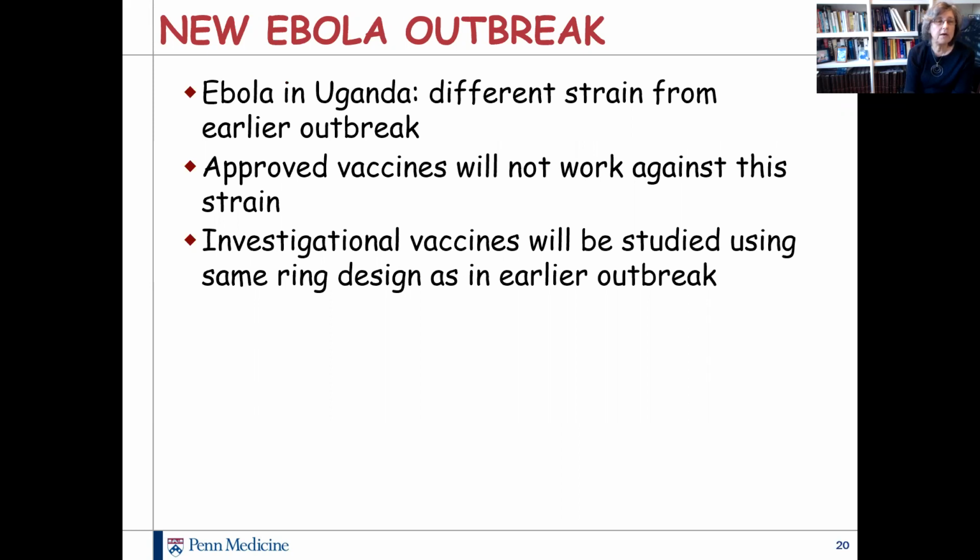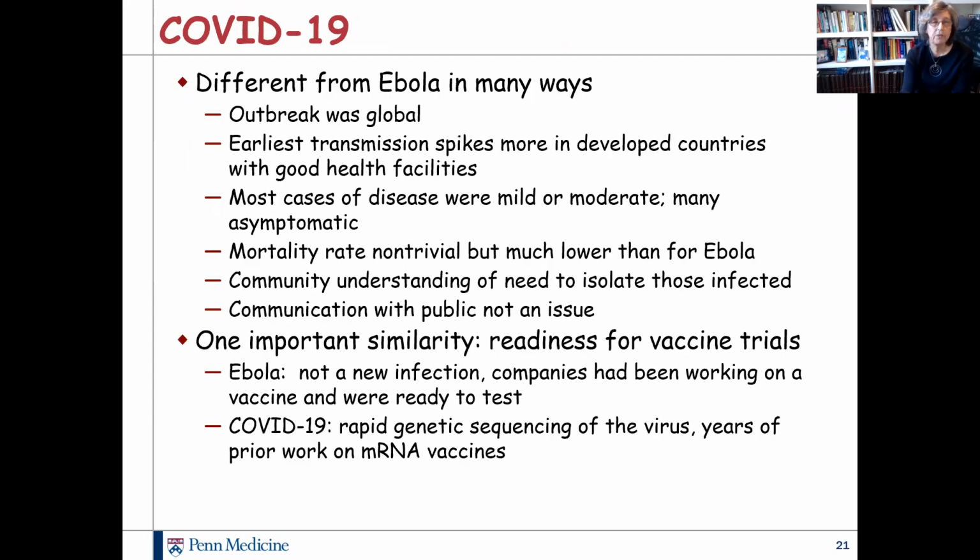And they know that the vaccine, the Merck vaccine, will not work against this strain. But there are several vaccine candidates for this strain, and they are being studied using the same ring design as in the earlier outbreak. So it remains to be seen whether those will prove as effective as the one in West Africa.